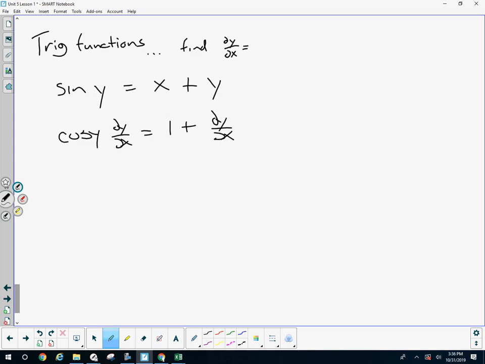Okay, this is the first time we've seen dy/dx's on both sides of the equation. What should we do? Yeah, get them on the same side. If you're thinking subtract the dy/dx, yes, that's what we're going to do. Algebraically solve.